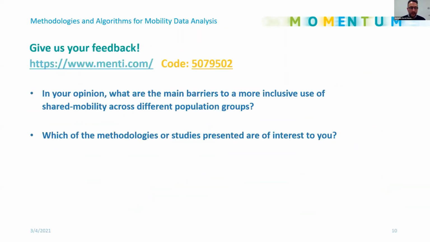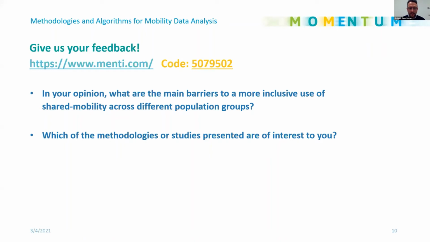So now I'd like to ask you for your feedback using Mentimeter. The first question is related to shared mobility adoption, because as we said before, maybe there are some vulnerable groups like older people, women, low-income people, or unemployed people that may have some barriers to use or to adopt shared mobility.